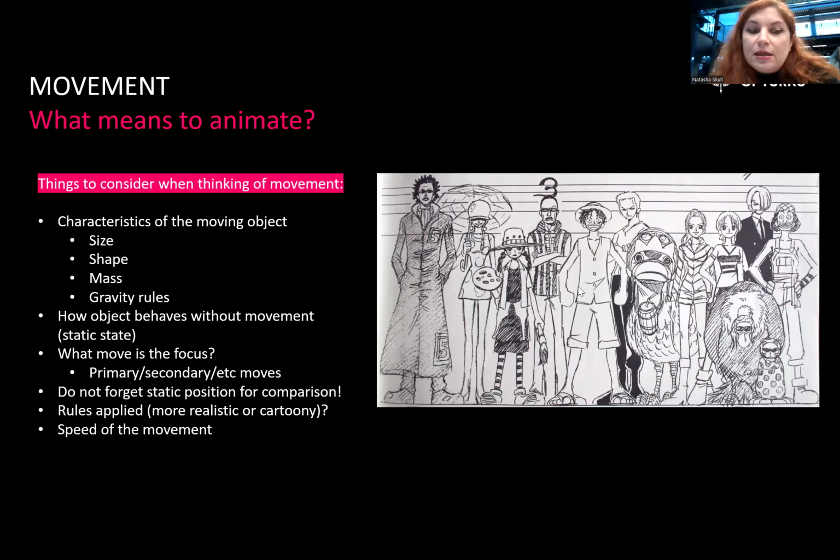Now, in games, we usually don't have a static mode. In animated movies, TV, shows, and cartoons, you can have a moment where there is literally no movement, a static character while another character is talking or doing something. But we don't usually have that in games. Very often we have idle animations.